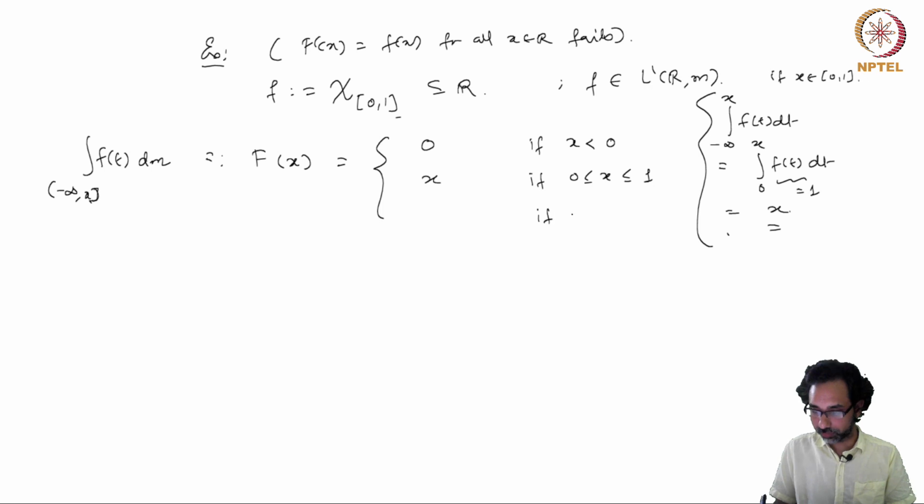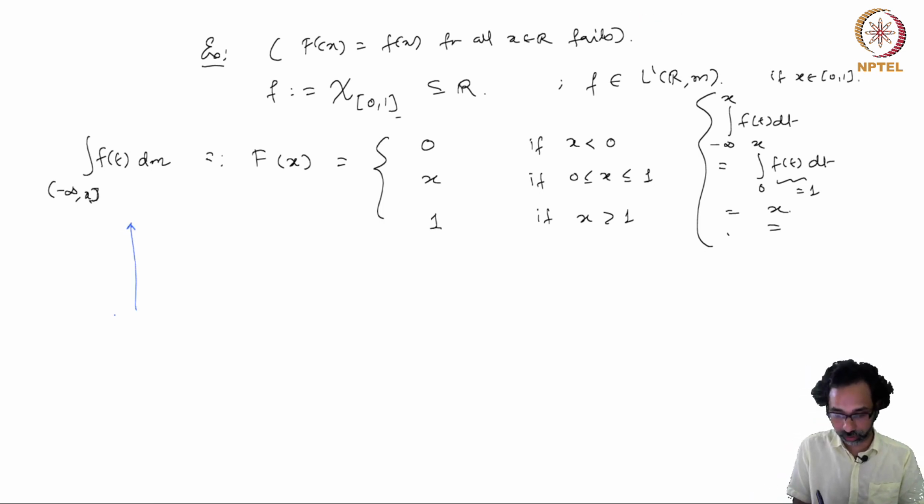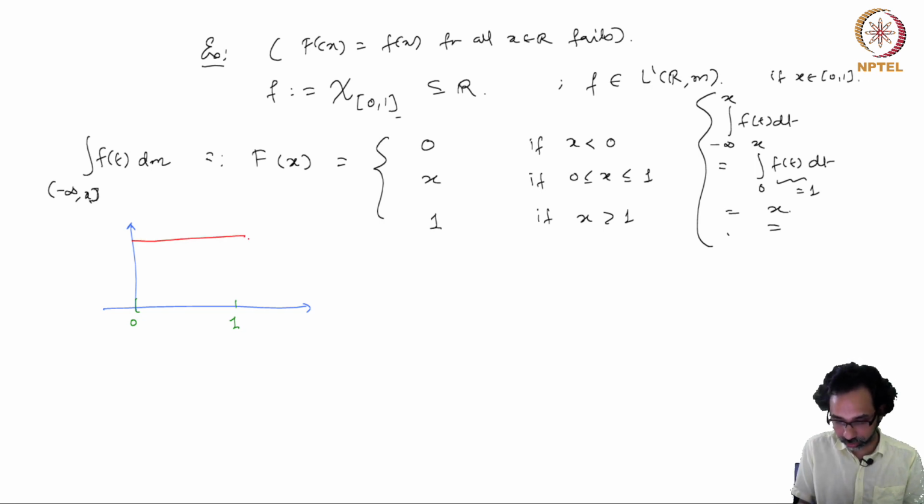And now if x is greater than 1, then F(x) is nothing but 1. So the graph of small f is simply this function, which is 1 on [0,1] and 0 outside.